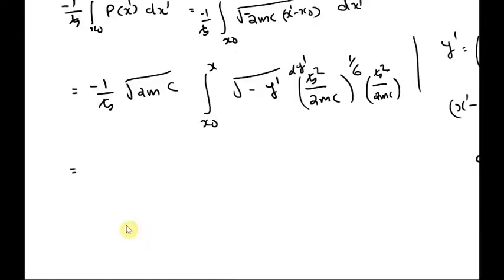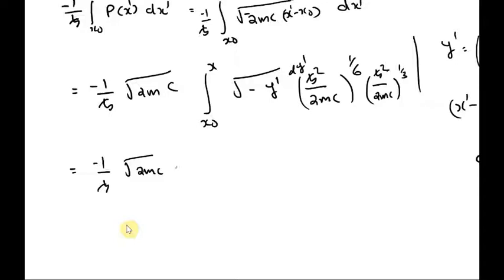You can see a lot of cancellation here. Here you have (2mc) to the power 1/6, and here you have 1/3. When you add these two, next one is root 2mc, and when you put these numbers together, it's like 1 plus 3 by 2.